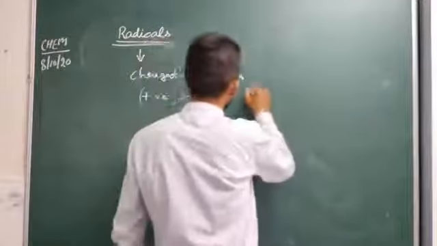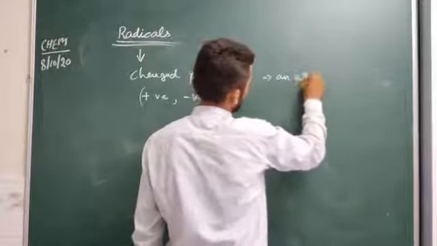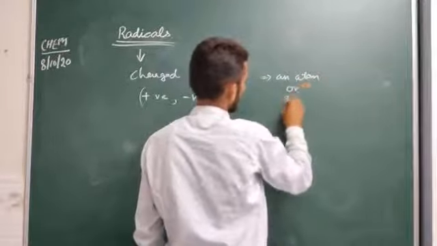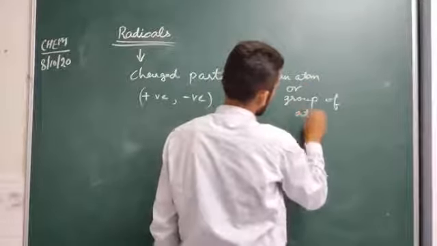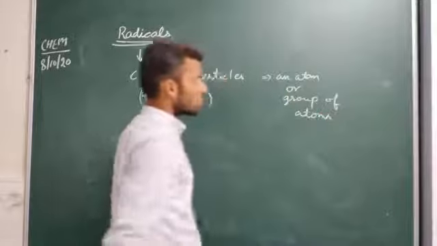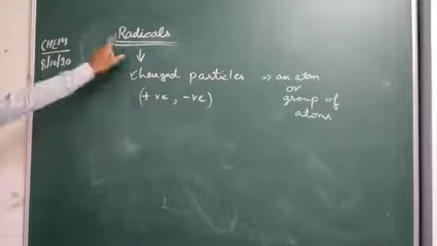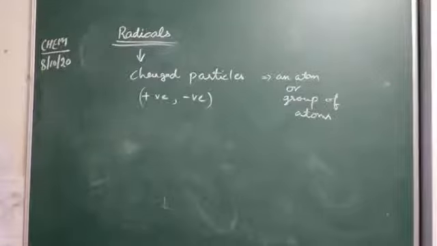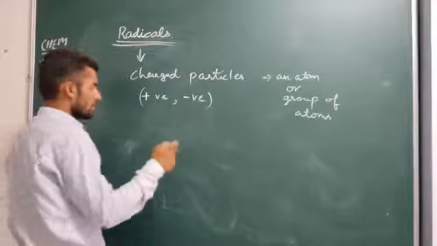They could be an atom or a group of atoms. So an atom or a group of atoms which bears a positive or negative charge on it is known as a radical. Now radicals are basically of two types.